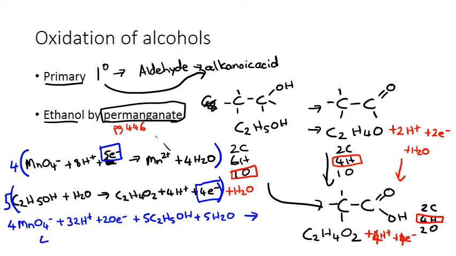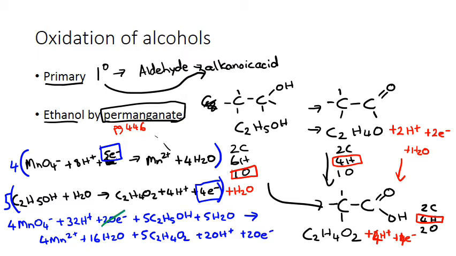That's going to give me 4 of the manganese, 16 waters, 5 of the alkanoic acids, 20 hydrogens, and electrons. Alright, let me change colors here.